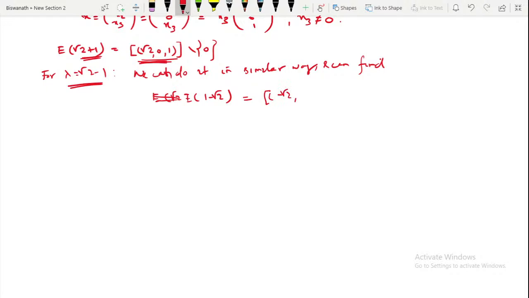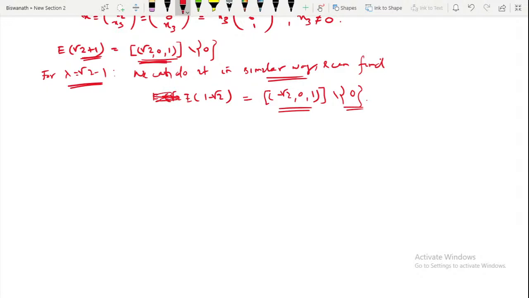This is minus root 2, comma 0, comma 1. So if you proceed in the above way, then you will find this will be your span of minus root 2, 0, 1, except the 0 vector.